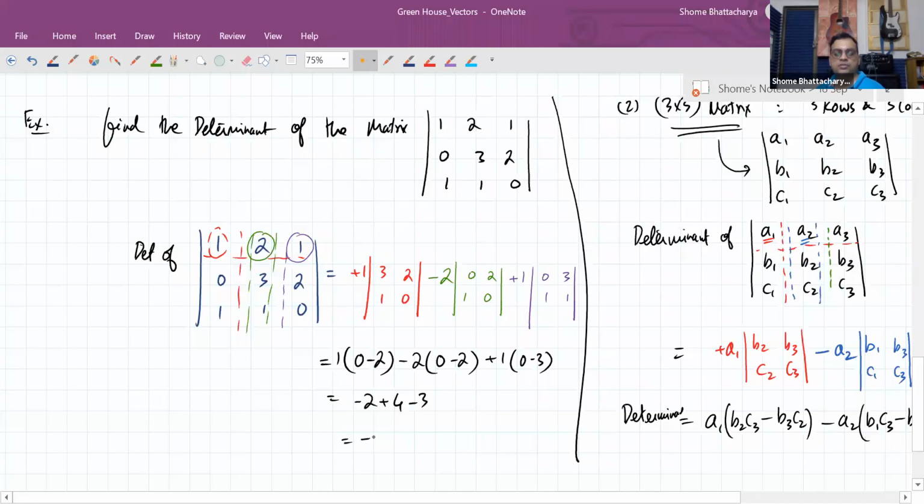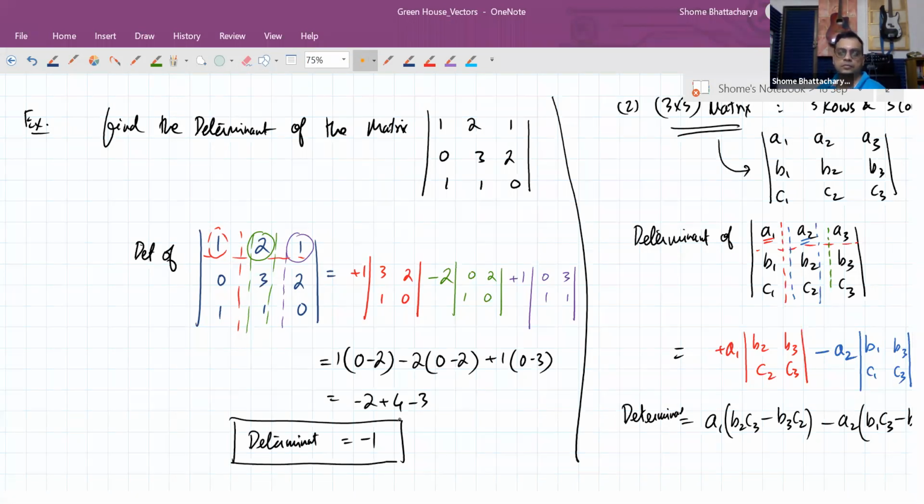So I believe it becomes minus 1. Okay. So this is the determinant value for that matrix. Just check the calculation once. Okay. And it seems to be correct to me.